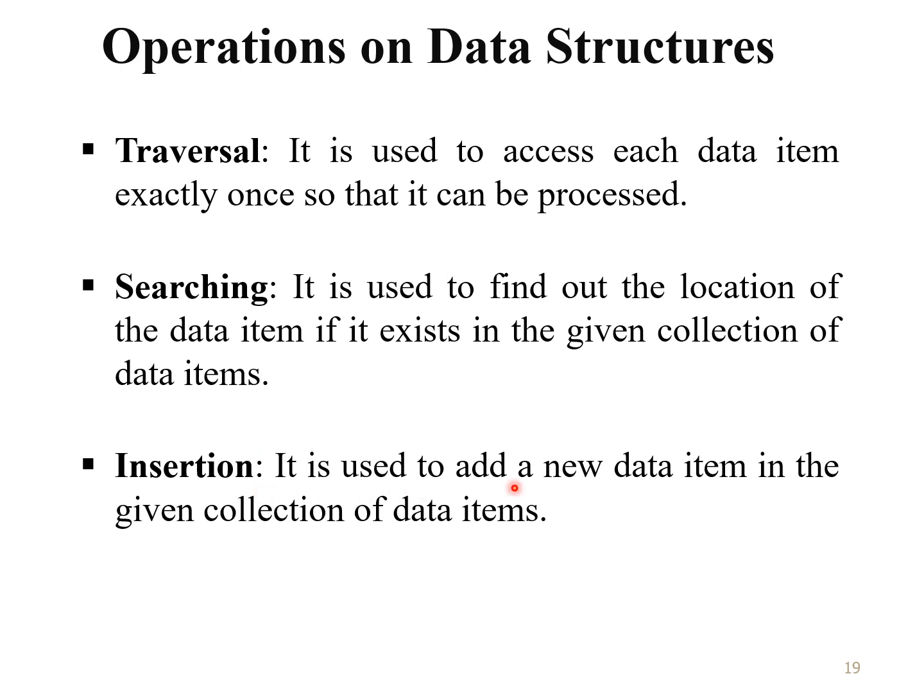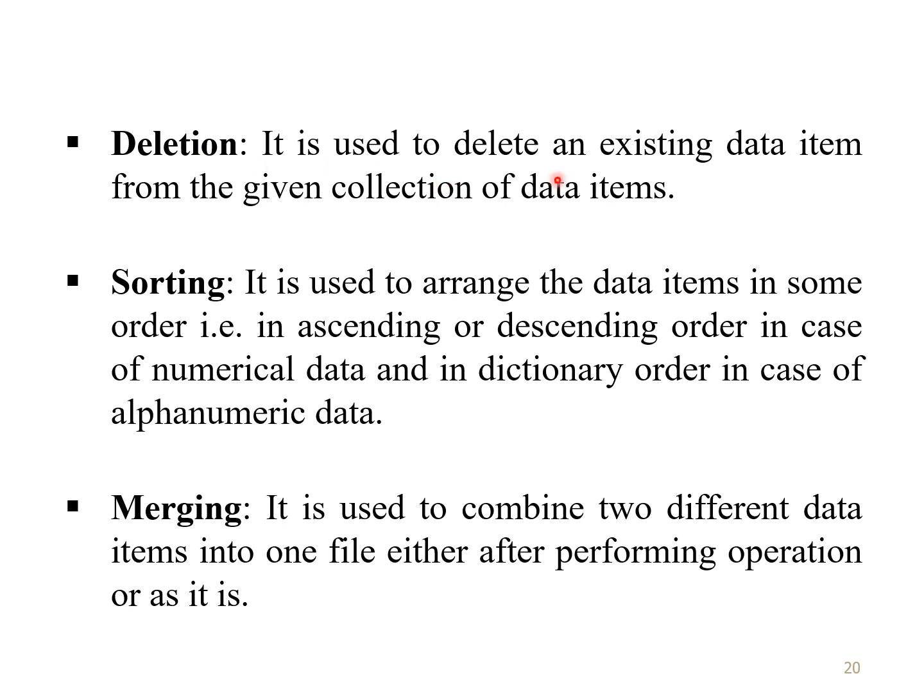It is used to add a new data item in the given collection of data items. Using insertion, we add new data in the given collection. Deletion. It is used to delete an existing data item from the given collection of data items. Using deletion, we delete a particular data item.